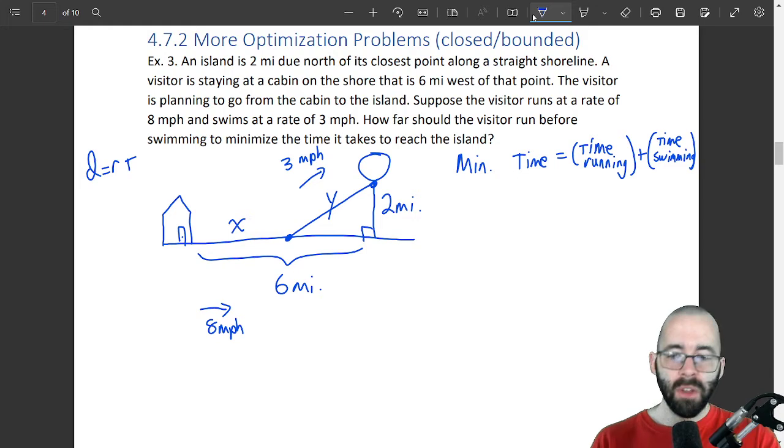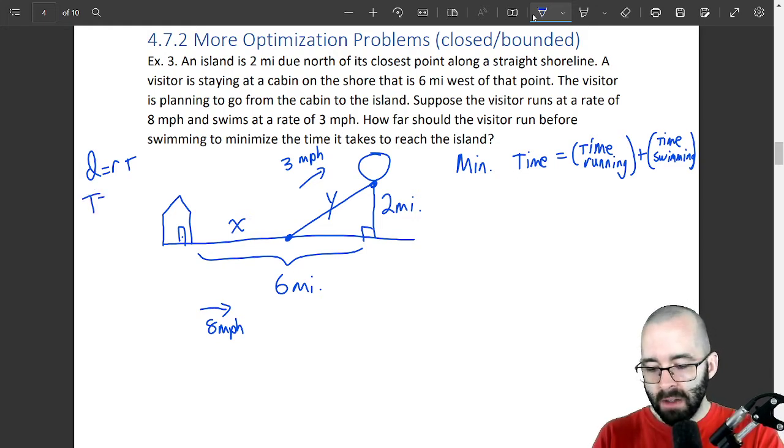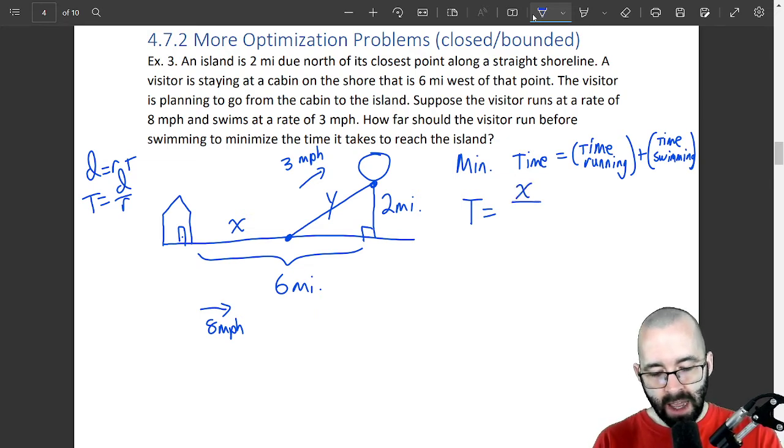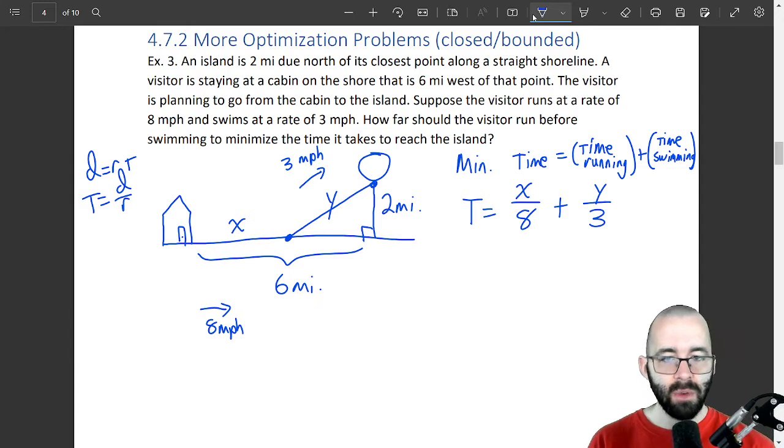We care about the time though, so let's divide both sides by r to get time is distance over rate. So we're trying to minimize the time, which is the distance running over the rate running, x over 8 miles an hour, plus the distance swimming divided by the rate swimming, y over 3. And this looks fine.